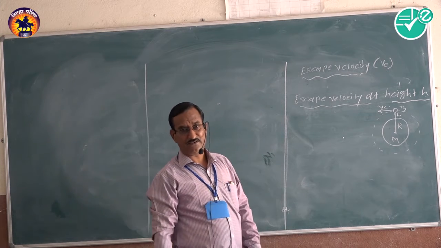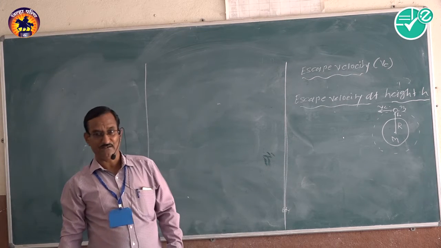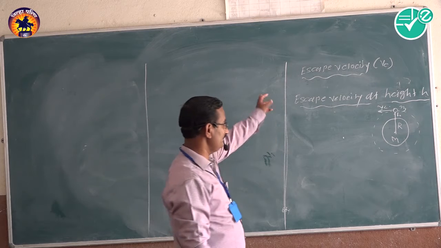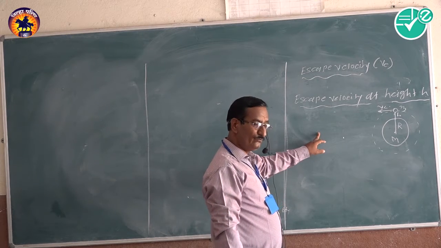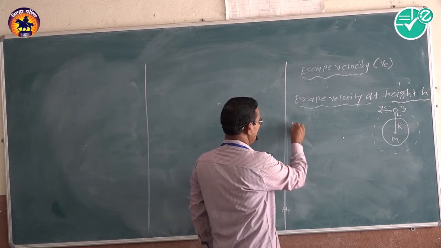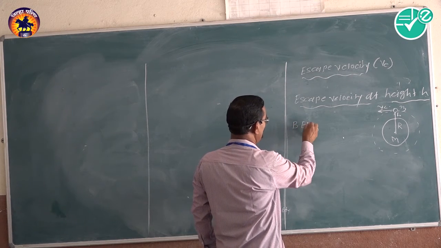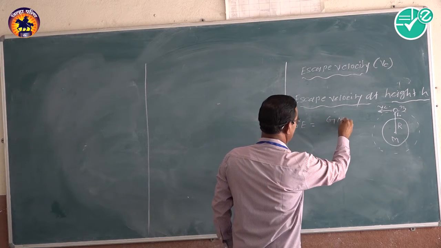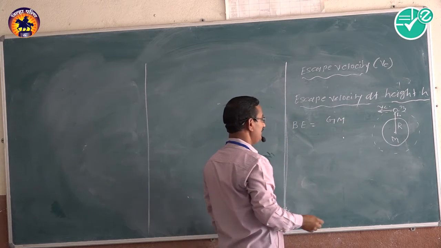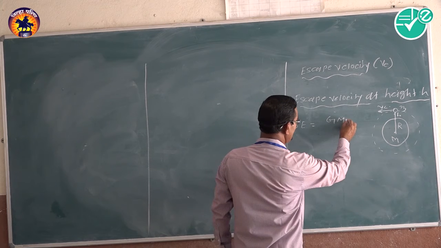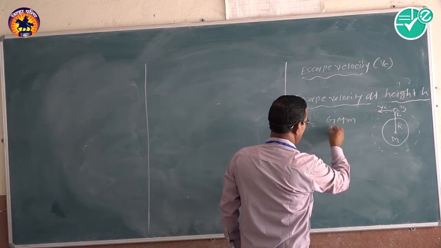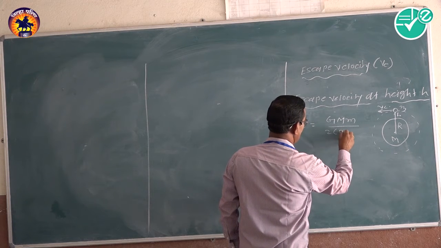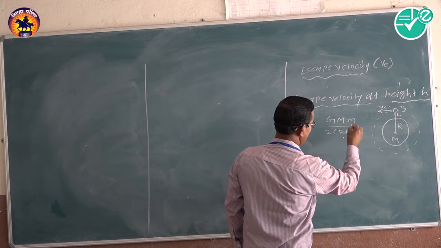Then for that satellite which is revolving around the Earth at height h, we know that the binding energy of the satellite at height h is BE is equal to G capital M small m upon twice R plus h.